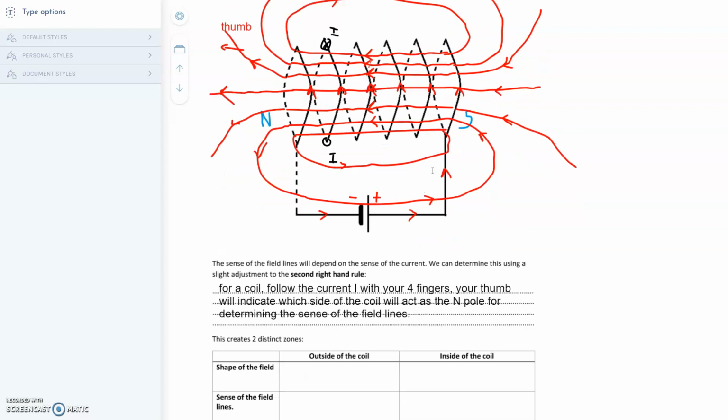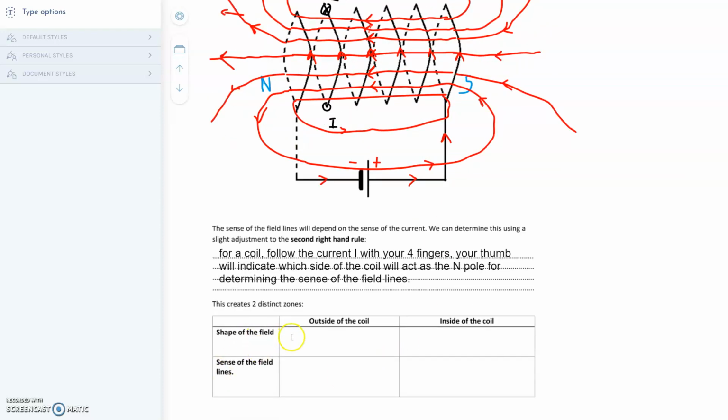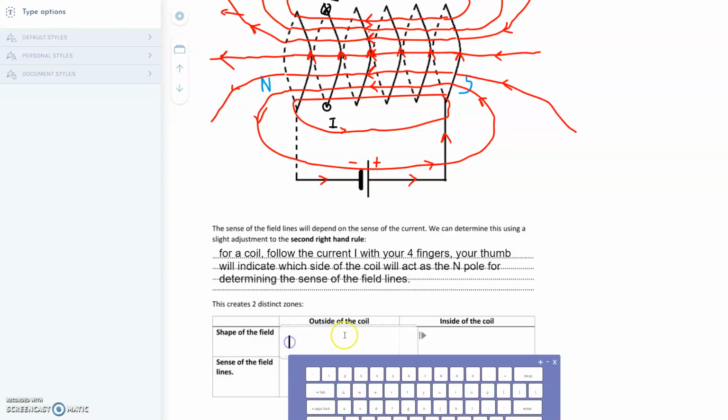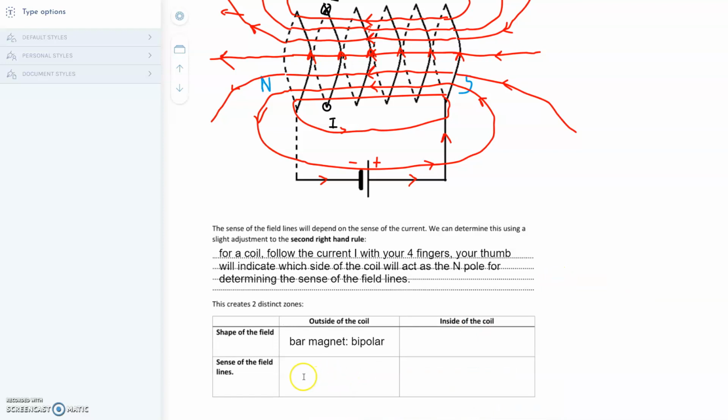Now, in this situation, we actually have two areas that can be studied. The first area is outside of the coil, and the shape of the magnetic field is actually a bipolar field, the same as you would with a bar magnet.